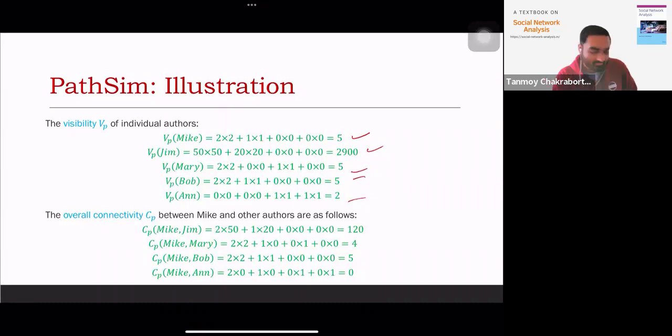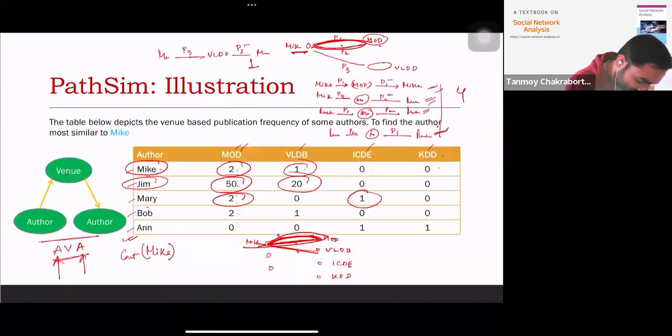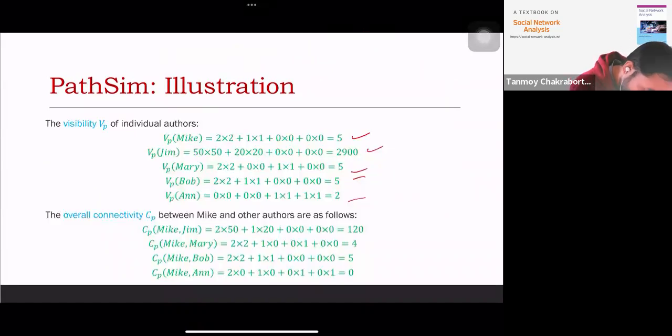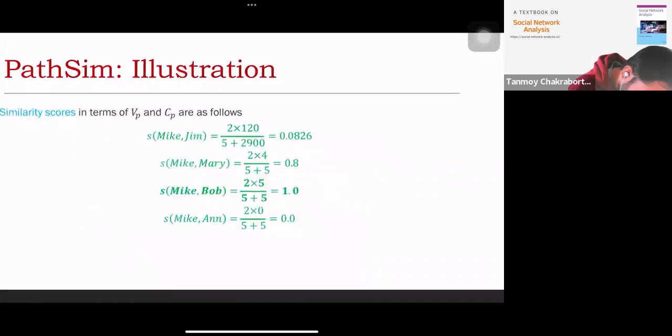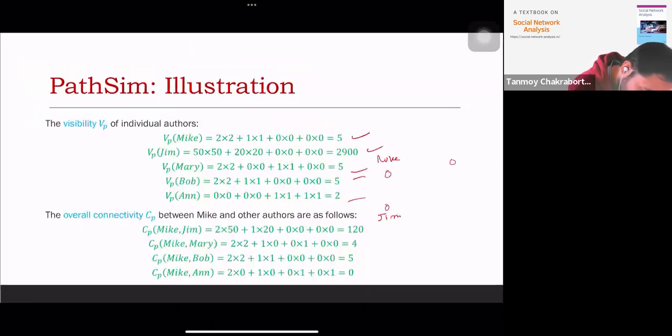Right now, if you look at the numerator, think about it. Let's look at Mike and Jim. Okay. This is VLDB. And this is mod.